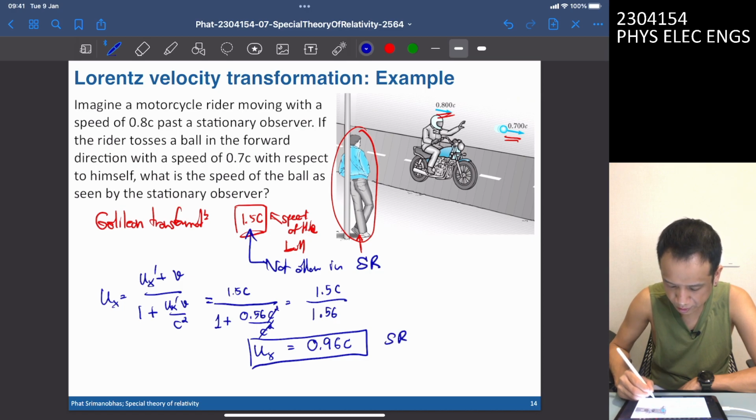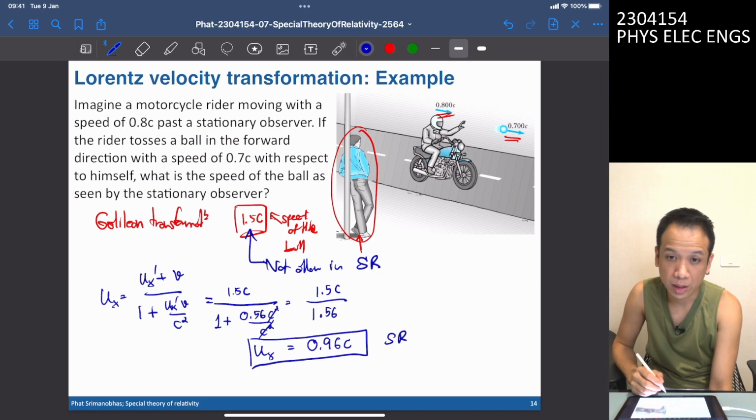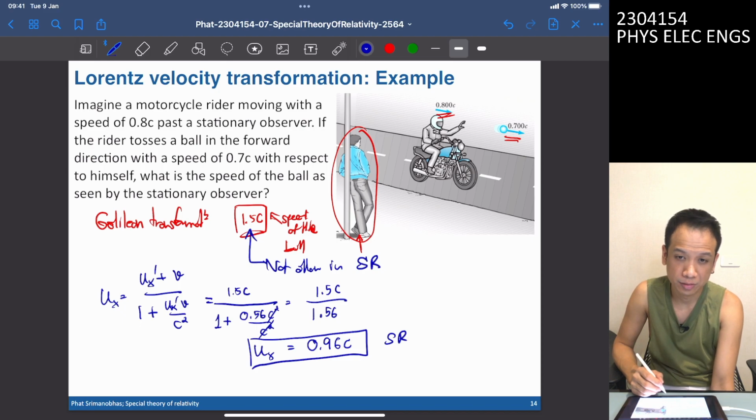So this is from the SR point of view: the object cannot have a speed larger than the speed of light, and this follows the Einstein postulate.